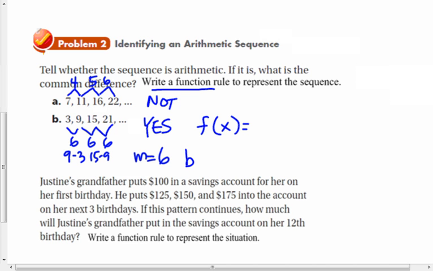And our b is, remember that's the 0th term, so we need to go back 1 more term. So if I go back 1 term here, I'm going to do 3 minus 6, which equals -3. So b equals the first term minus the common difference, which is -3. So my function rule is 6 times x plus -3. All right.